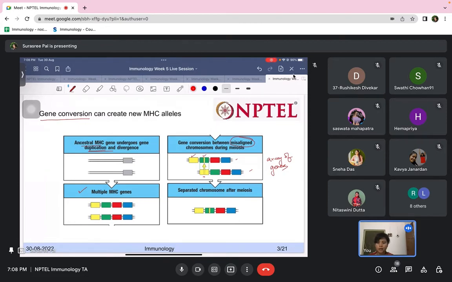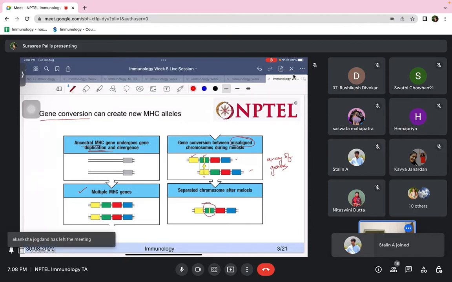And after the chromosomes are separated, after the end of meiosis, you can see that this green gene will now have a part of the yellow gene as well.